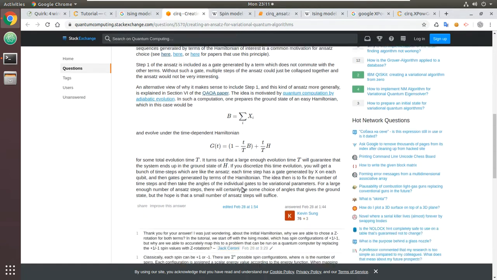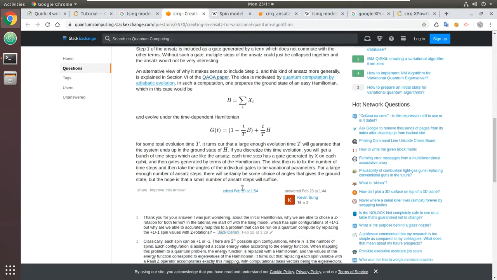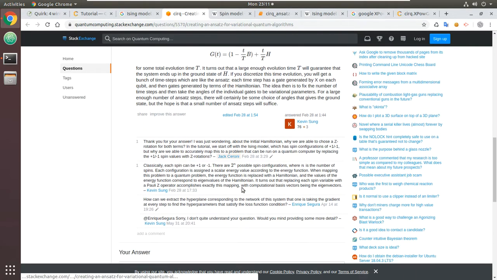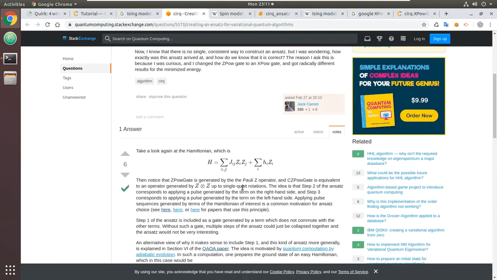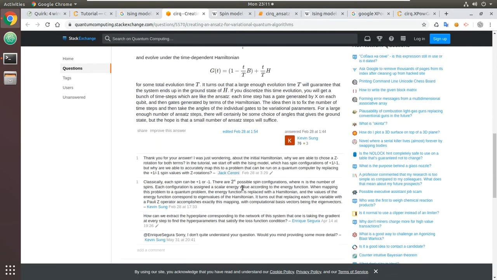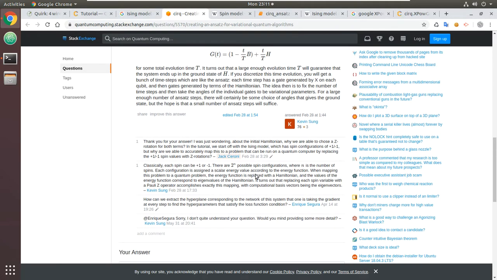That's Hamiltonian. Da, da, da. Start off with the Ising model.